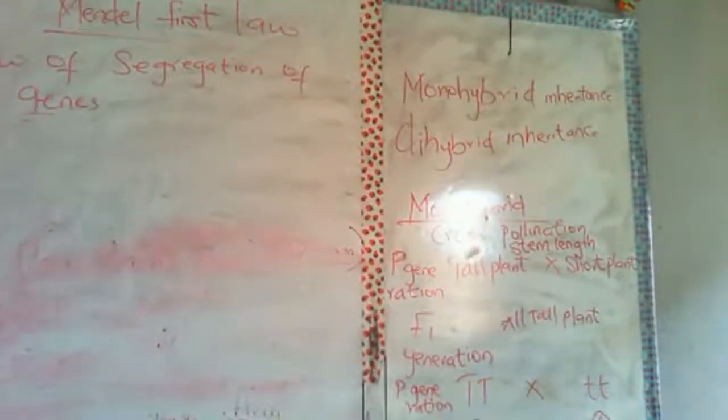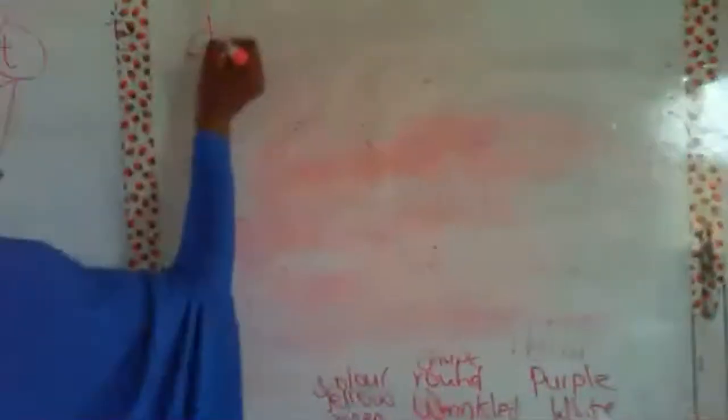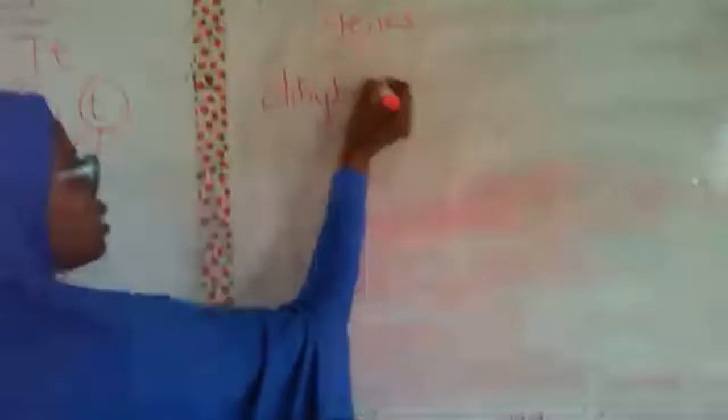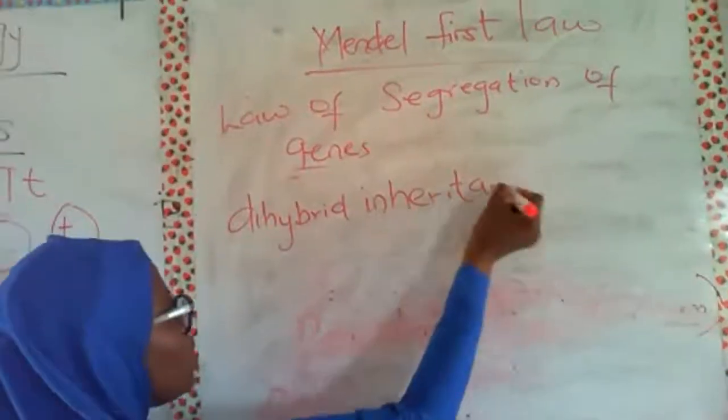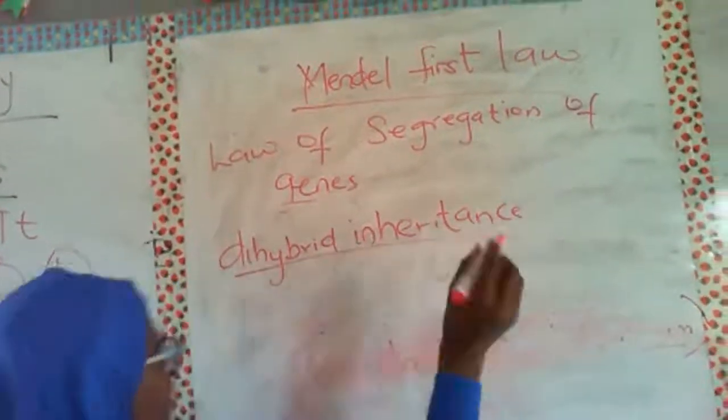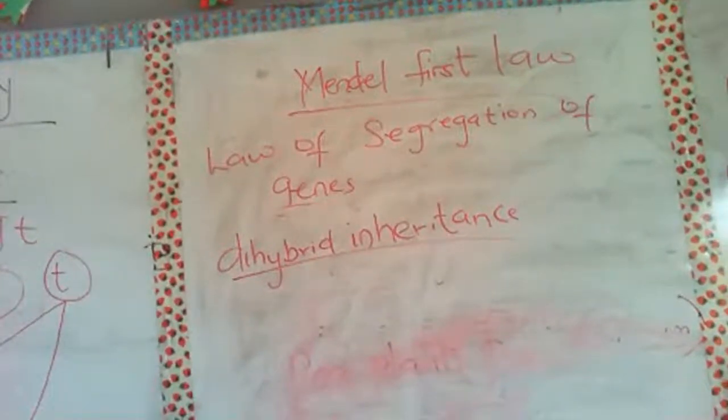I said he used 2 methods, the monohybrid inheritance and the dihybrid inheritance. We've already talked about the monohybrid inheritance and how it led to the law of segregation of genes. So the second one is the dihybrid inheritance.